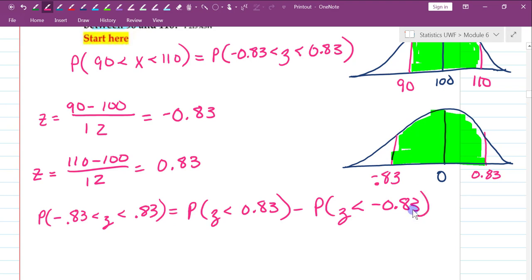So what that's doing is it's saying I'm going to calculate the probability that z is less than 0.83, and then I'm going to subtract off the probability that z is less than negative 0.83. And so if I calculate all of this and then I subtract off this part in here, what do I have left? The green part, which is the answer. So let's find out what the probability that z is less than 0.83.